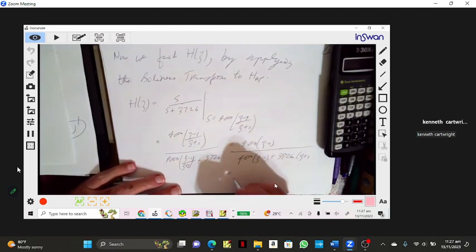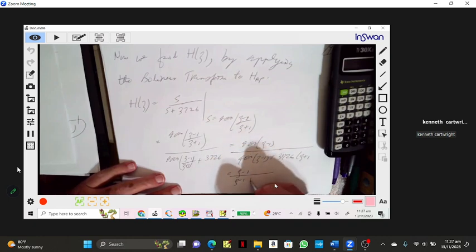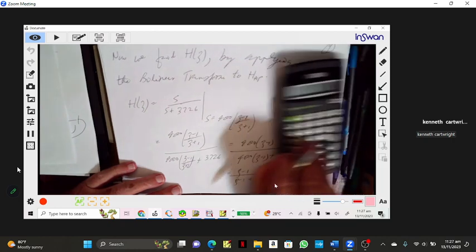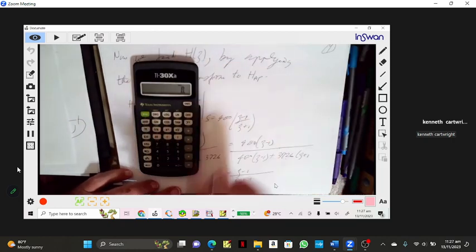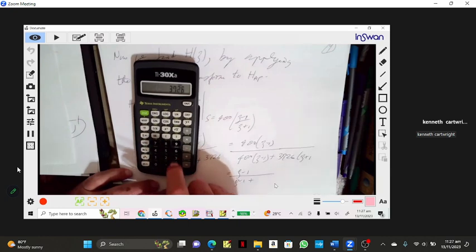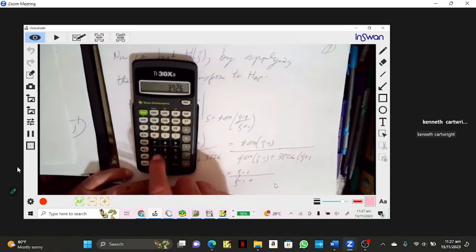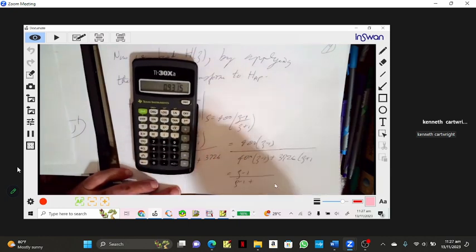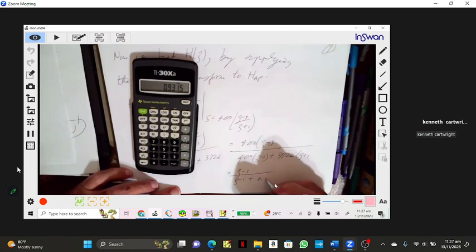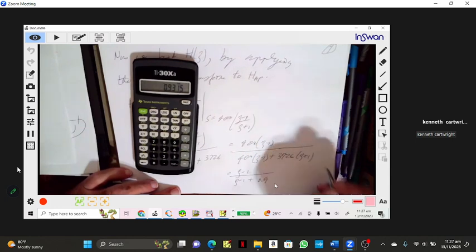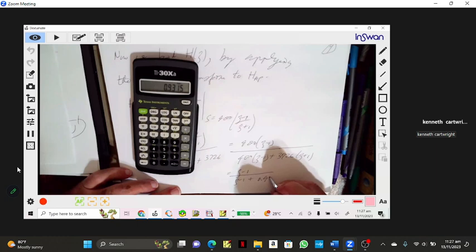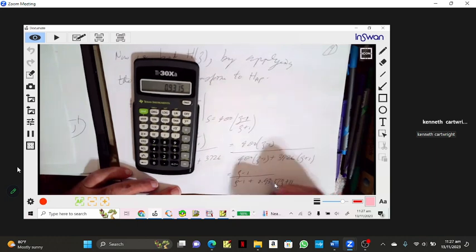And so divide top and bottom by 4,000: Z minus 1 over Z minus 1 plus 3726 divided by 4,000, which is 0.9315, Z plus 1.